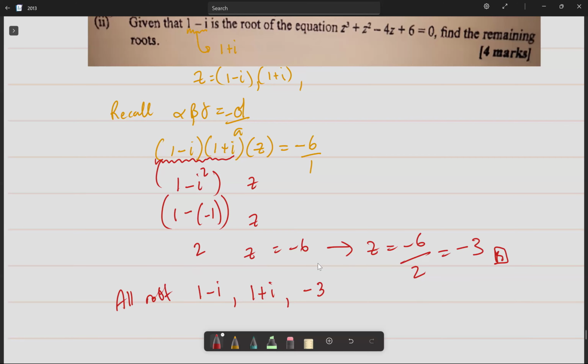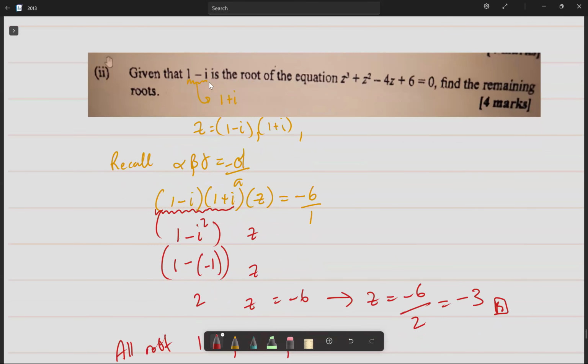Cool. So let's recall, if we have one root which is an imaginary number, the other root must be the conjugate, and that means we'll have two roots. Recall that the product of these roots must be equal to negative d over a. That's from unit 1 pure math.